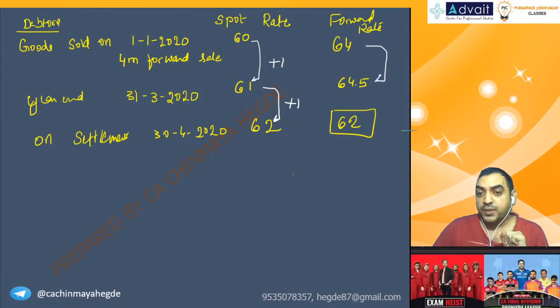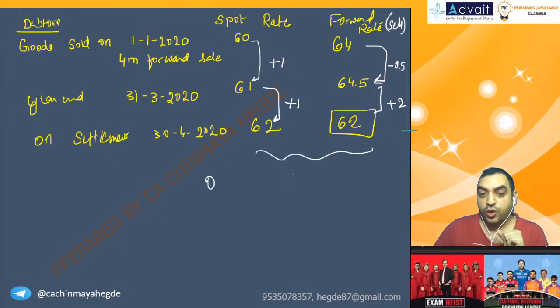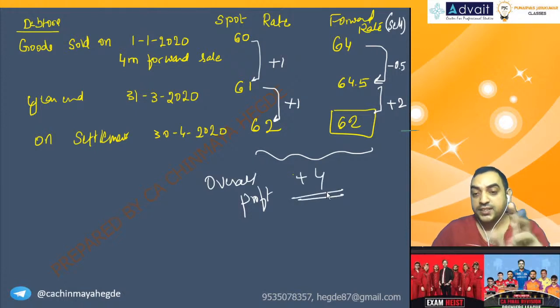Now 64 becoming 64.5, remember forward rate, this is a sell rate, and sell rate means short transaction, and in short transaction when the rate increases it is going to be a loss, so minus 0.5, and 64.5 to 62, this is going to be a profit, which is plus 2.5. So what is going to be the overall profit? 2 rupees, 4 rupees minus 0.5, the overall profit is going to be 4 rupees.